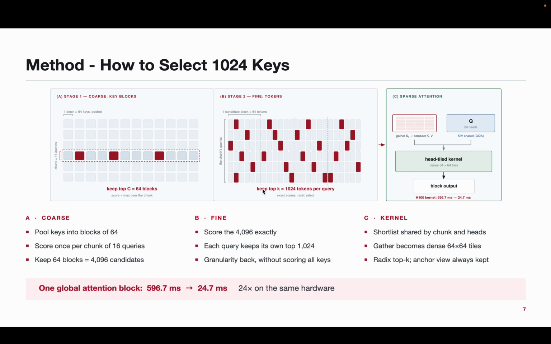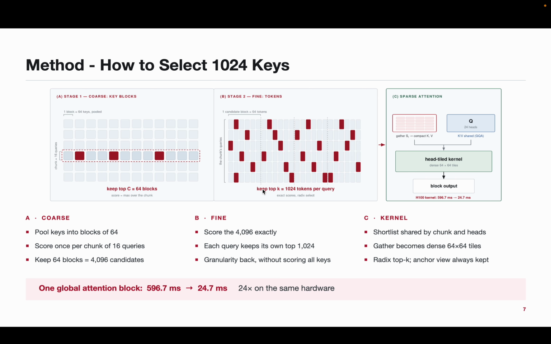So what we are doing is reducing the pool of top K tokens that are possible by using these coarse methods, but then at the second stage, still ranking them so that they are fine-grained. And then we implement some kernels to do this, such as radix top K. We have to keep in mind these kernel practices of tiling, shortlisting, sharing, all of those things.